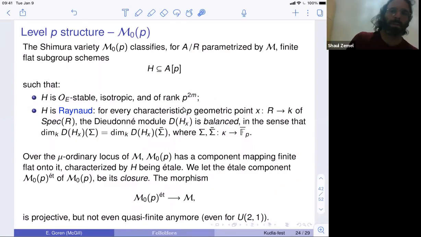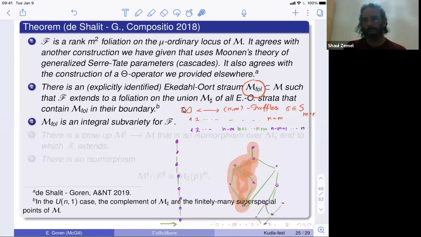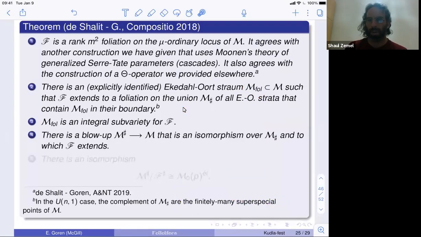I have a question. In the general case of U(n,m), you have this decomposition into P and Q, and you take the restriction for the Verschiebung foliation to one of them. Is it a given one, say the one of smaller dimension or the one of larger dimension?